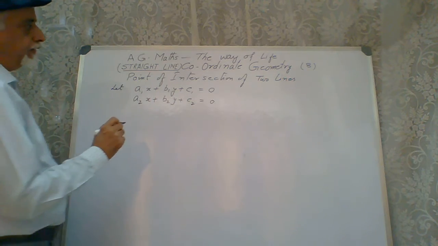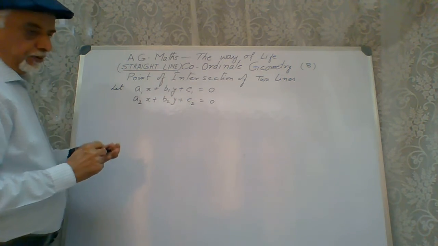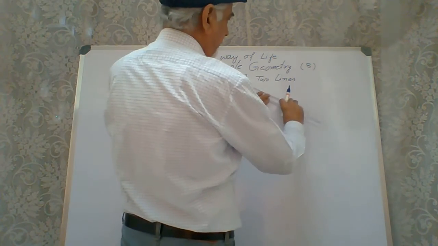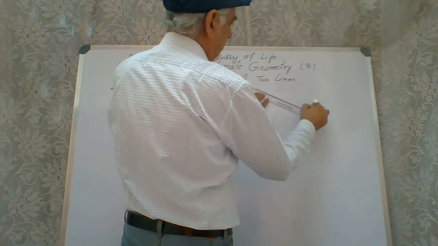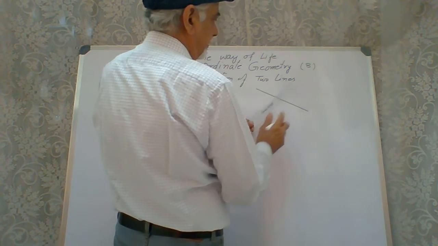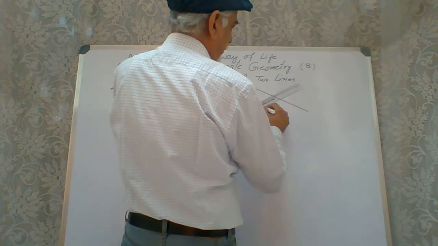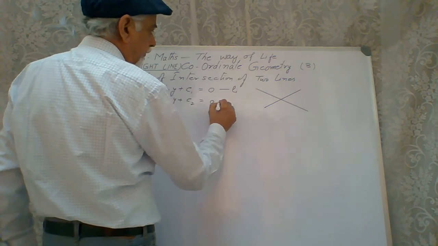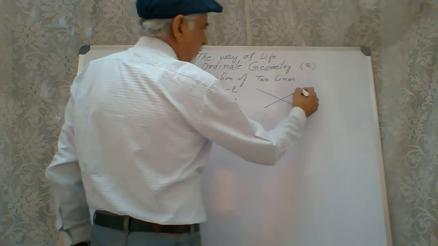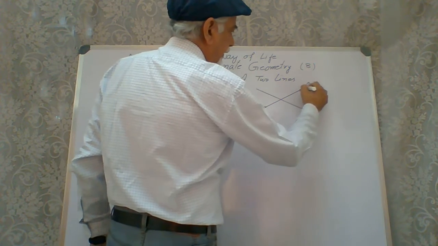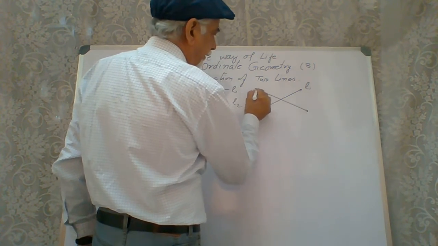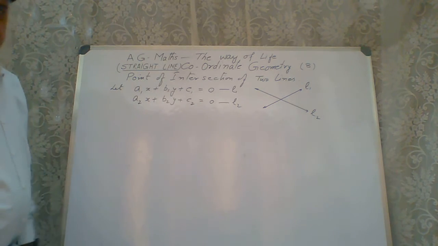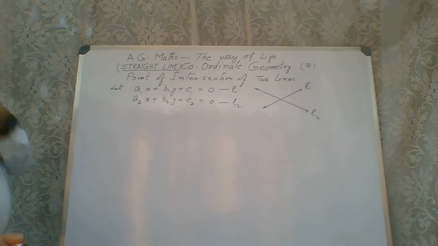Now, to find the point of intersection of these two lines, we can assume that these lines are not parallel. Suppose one line is like this, and maybe the other line goes like this. Let us call this line L1 and this line L2.